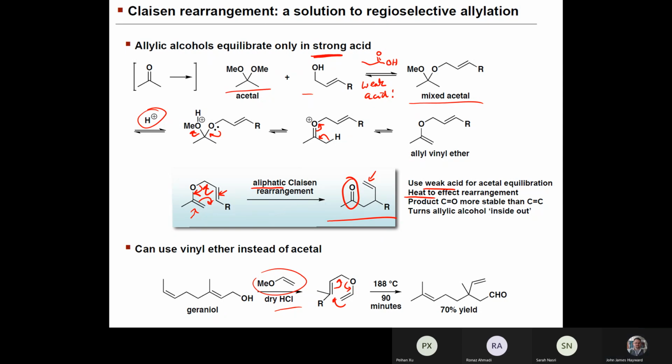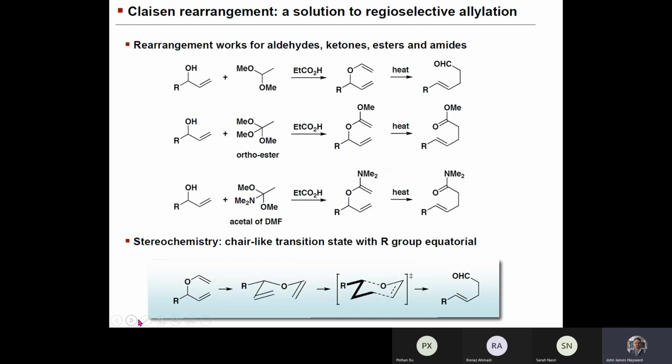Okay, so this kind of rearrangement is actually given another name. If you take a hindered alcohol like we have here, and we react it with a standard acetal, and we do the rearrangement, then it's just the Claisen rearrangement.